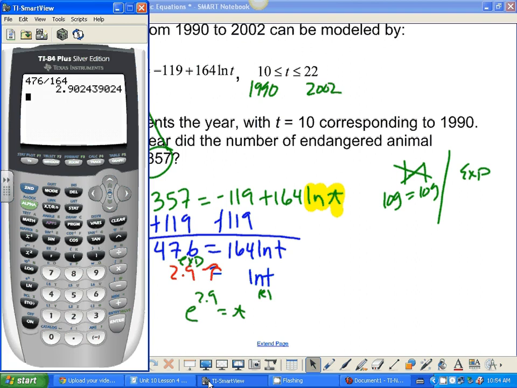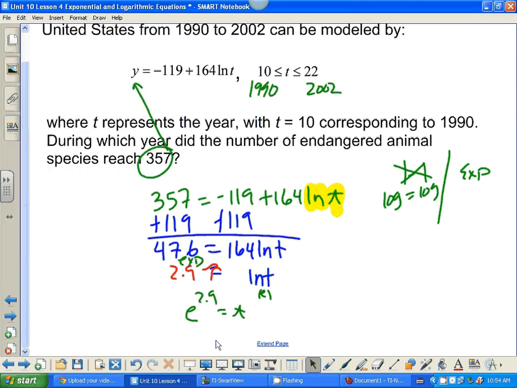So again, to try to keep it the most exact in my calculator, I'm going to do e raised to the second answer, so it's going to take the answer from above. And so I get approximately 18.2. Now remember, it wants to know in which year did the number of endangered animal species reach 357. So we're looking for a year. 18.2 is not a year.